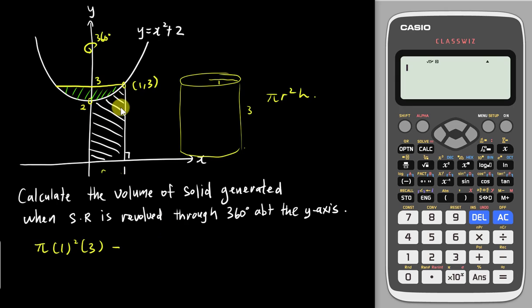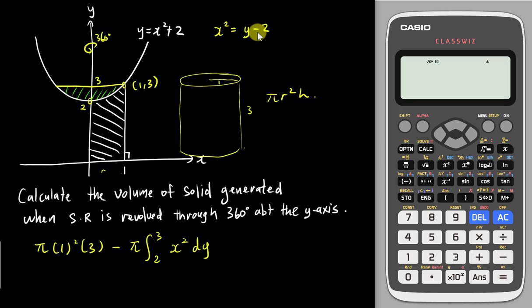The green color volume here is basically generated by this equation, isn't it? Since it rotates on the y-axis, it is pi, from 2 to 3, and this is dy, and here will need to be x squared. Like what I said before, you cannot straight away integrate x squared, isn't it? You need to make x squared the subject here, which is y minus 2.